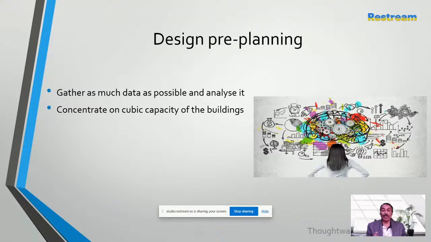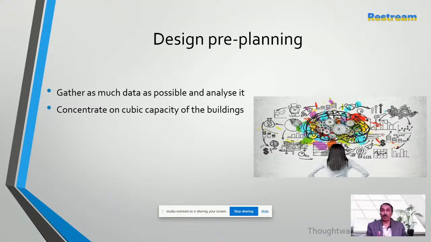Concentrate on the cubic capacity of the building. Normally, if the warehouse is located in an urban location, then it's not only the floor space we are going to consider, but the vertical height. Nowadays, not only 10 meters, even very tall warehouses are available, and accordingly, the handling equipment can also be designed.